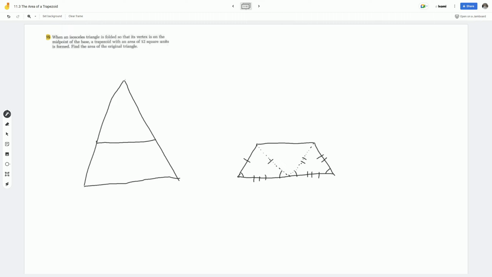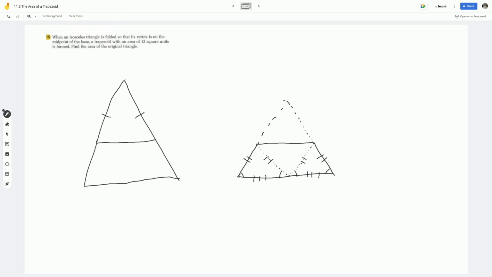Well, there are 2 ways of approaching this problem. We know it's folded so that the vertex is on the midpoint of the base. So these 2 sides have to be congruent to each other as well, as you can see here. But if these 2 are congruent, and this triangle is folded down, then that means this side right here and this side right here will have to be congruent.